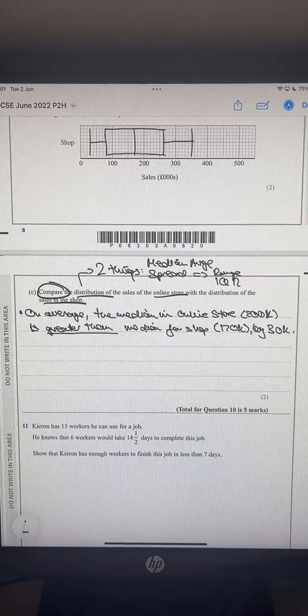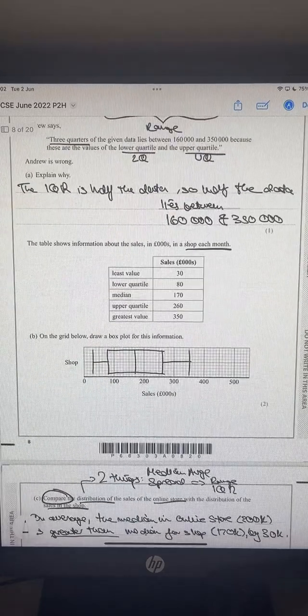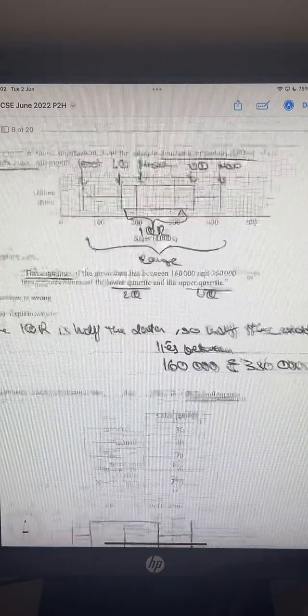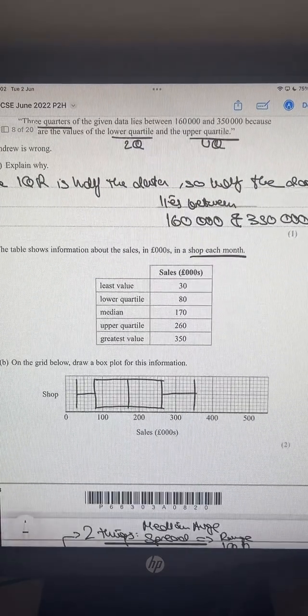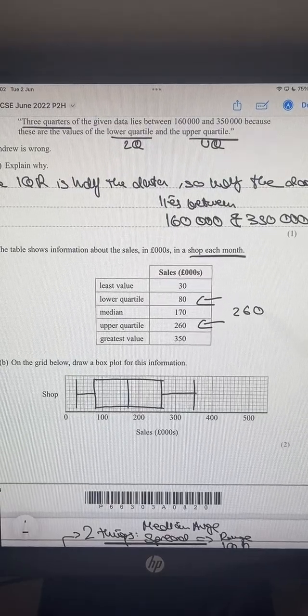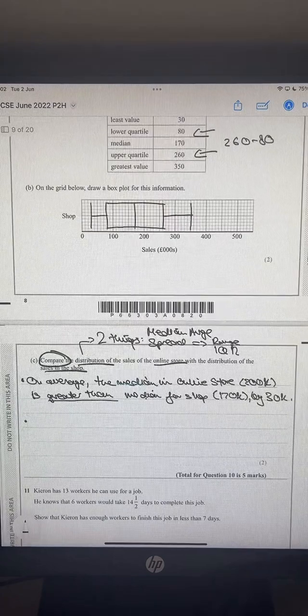That's the difference. Then for the second comparison point, because it's 2 marks, we need to compare the spread. So if I look at the range, I will compare the interquartile range. So the IQR here is 190K for online, and in my shop it is from here to here, so that is 180K because that's 260 minus 80. So then I'll say online is more spread out.